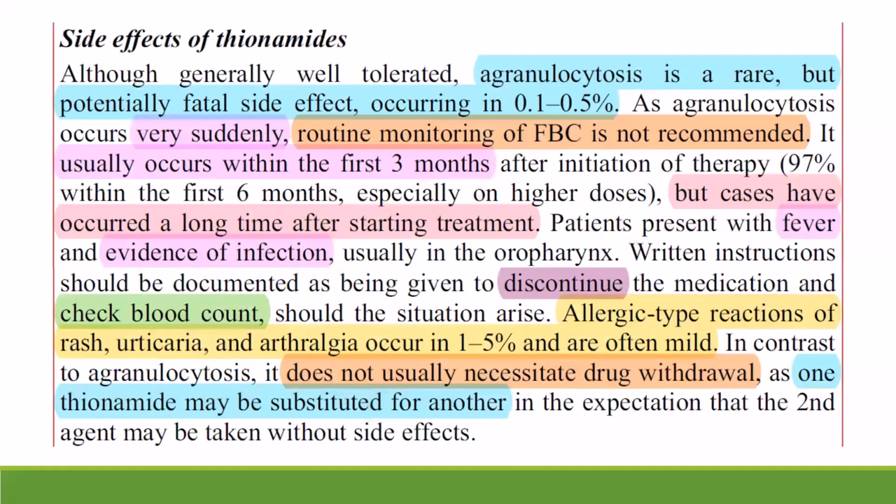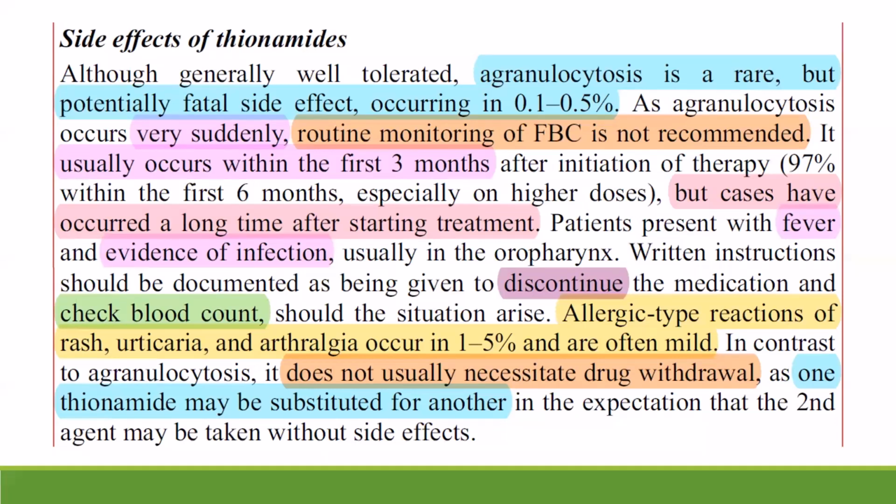Another important tip is the side effects of cyanamide, and we actually cover this several times. Agranulocytosis is a potentially fatal side effect, occurring in 0.1 to 0.5%, and in our previous exam they asked about the percentage of agranulocytosis in individuals, and this occurs very suddenly, abruptly.